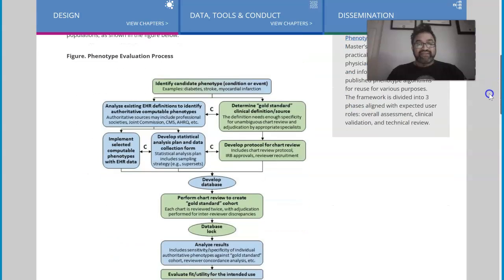So identify the candidate phenotype, analyze existing EHR definitions to identify authoritative computable phenotypes, determine gold standard clinical definition source, develop protocol for chart review, develop statistical analysis plan and data collection form, implement selected computable phenotypes with EHR data.